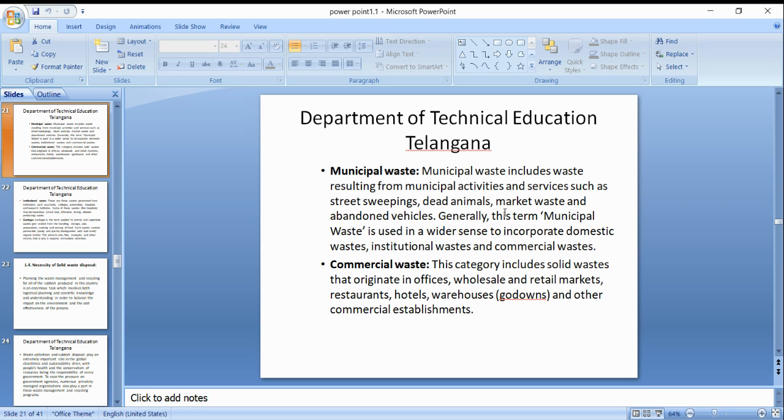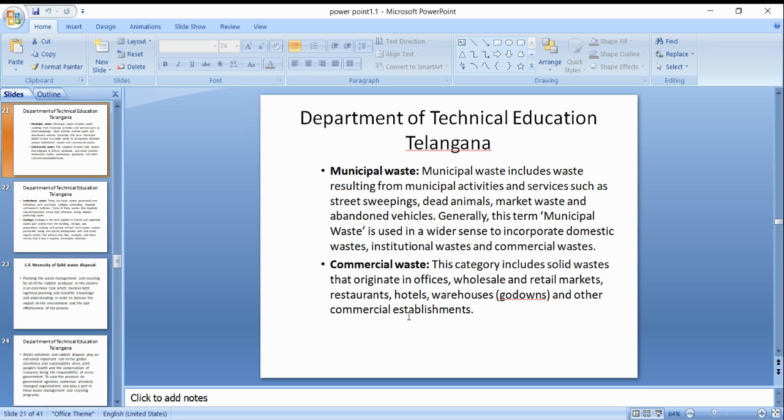The term municipal waste is generally used in a wider sense, including domestic and institutional waste. Those are collected by the municipality: animals that died on the street, and the waste from the market yard and markets.